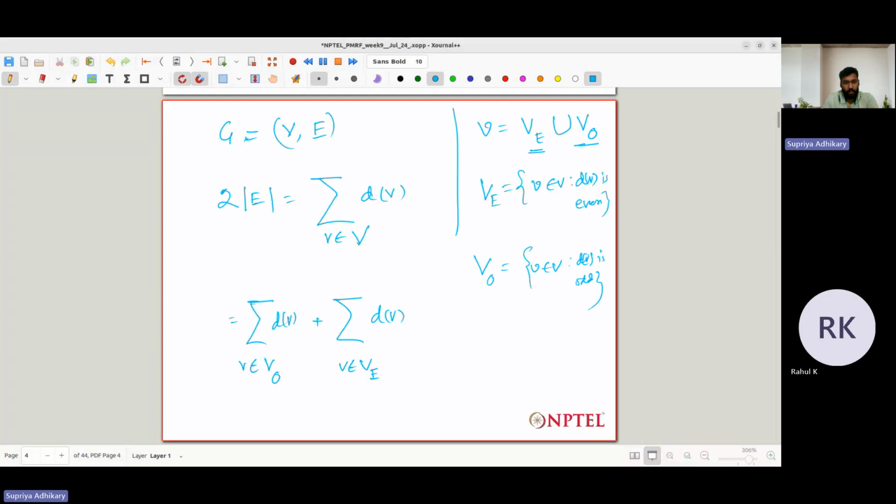Now consider this term over here, which is twice the cardinality of E. Now this second sum is an even number, because according to the definition, the degree of V is even for each V in VE, and therefore this sum will be an even number.